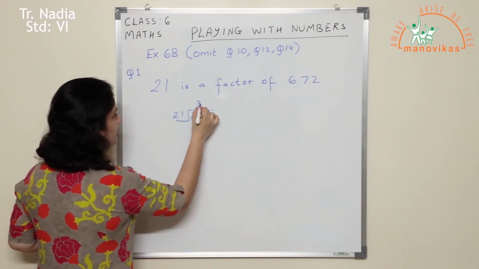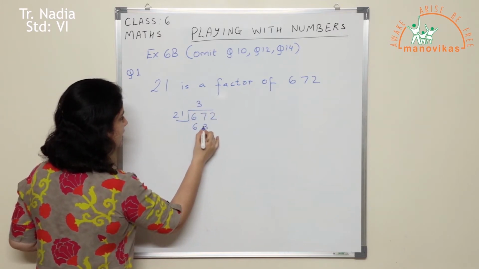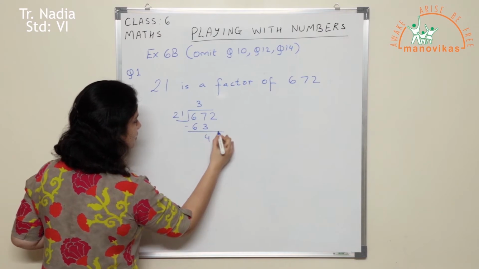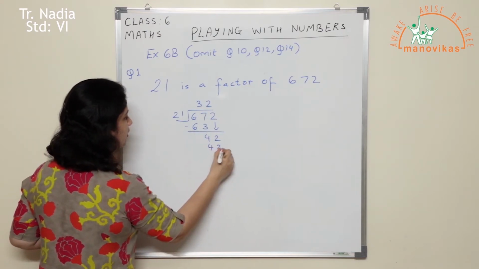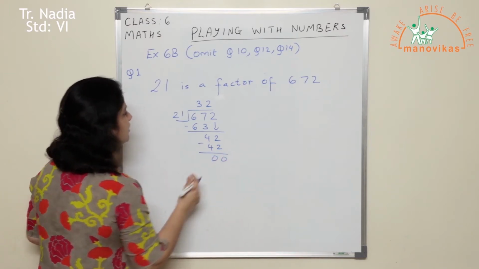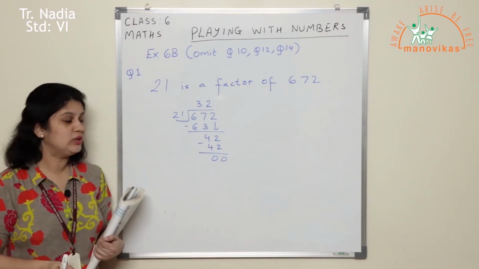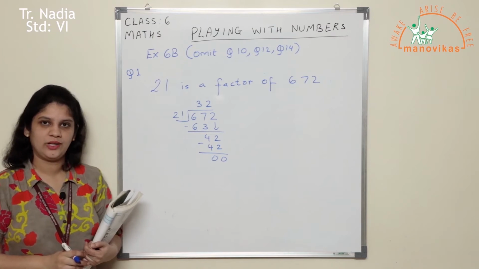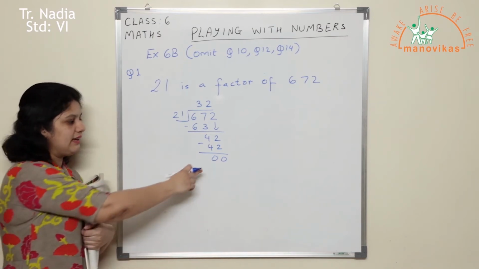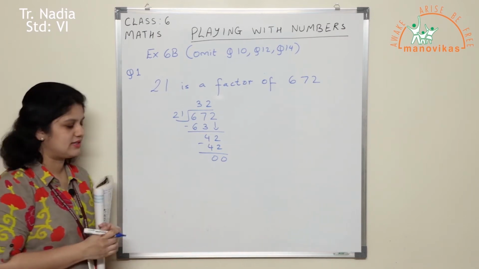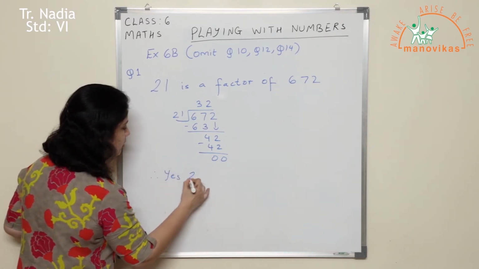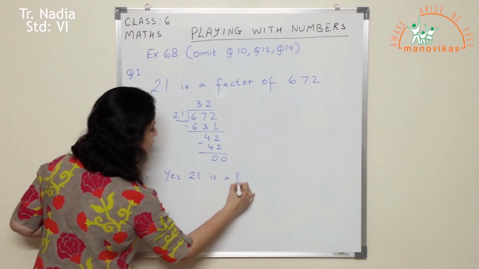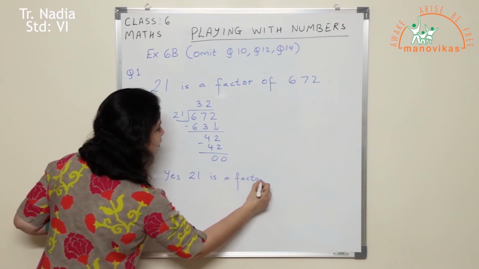So, I can use 21 3s are 63, get the 2 down, and 21 2s are 42. So you can look here that 672 is completely divided by 21 without leaving any remainder. The remainder is 0.